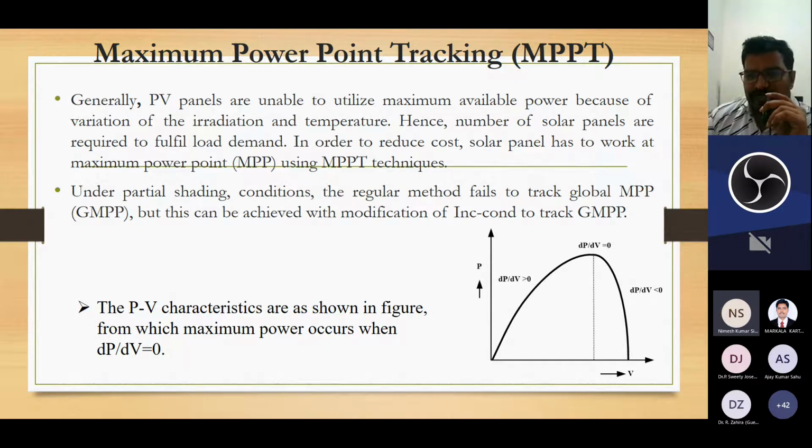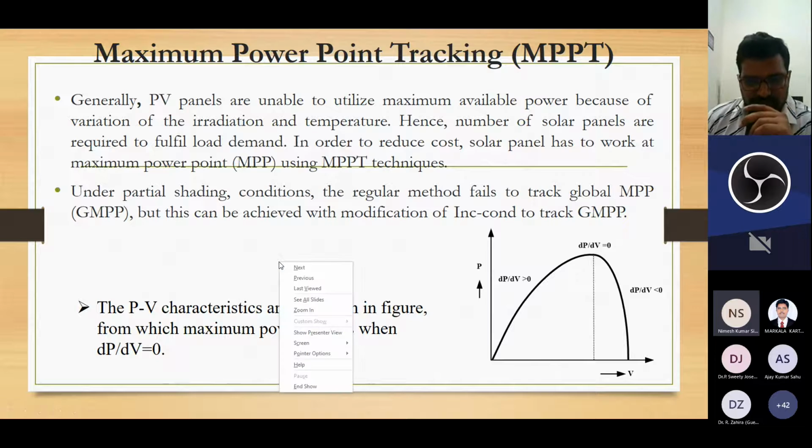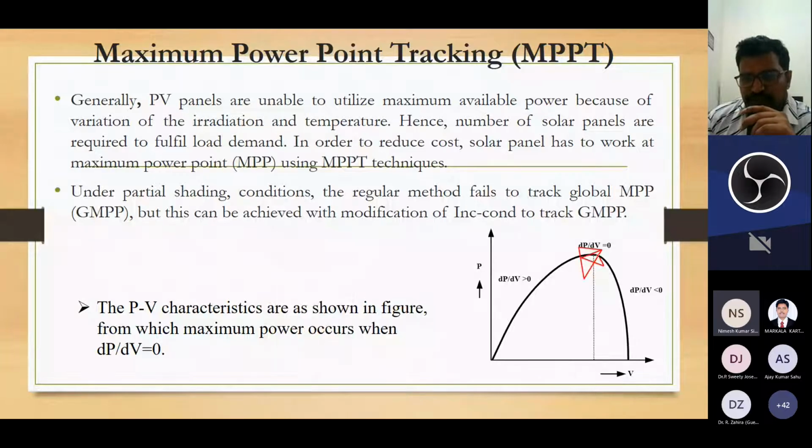So we have to track the point where we can get the maximum power. Once the PV characteristics line reaches this point, we have to log that point, which is nothing but the maximum power.